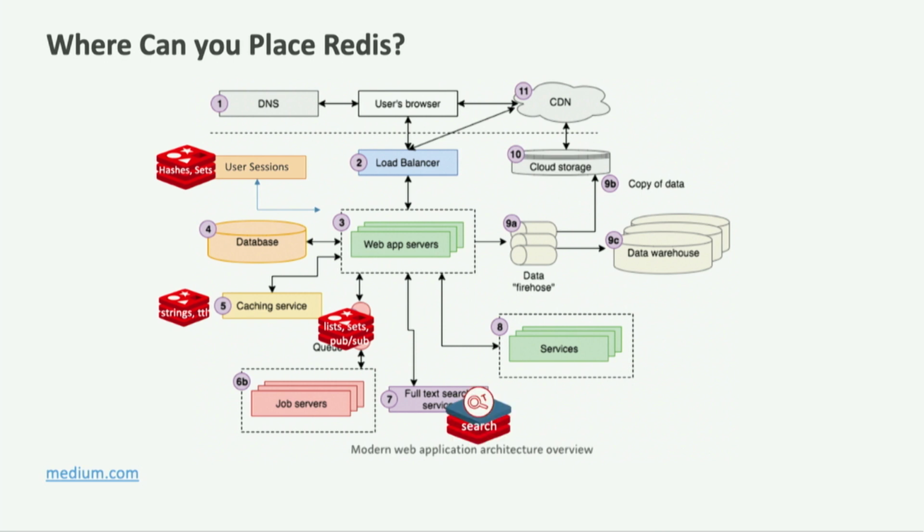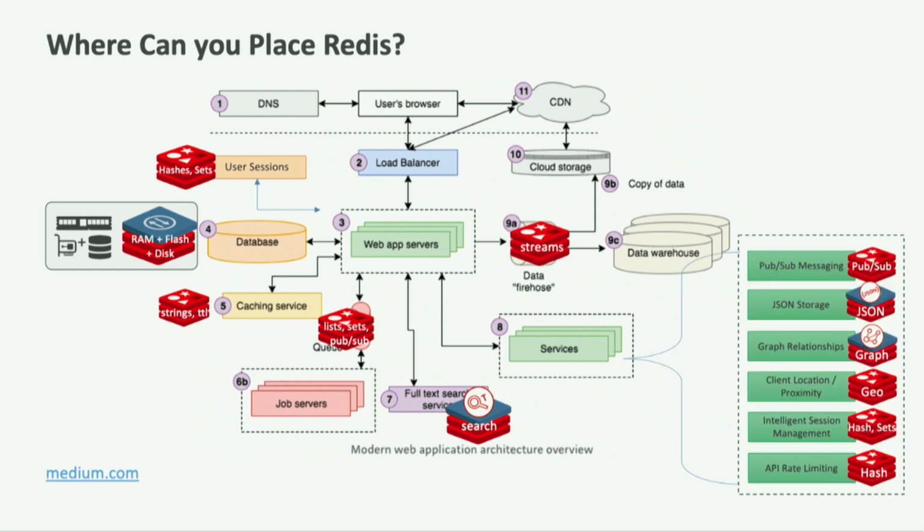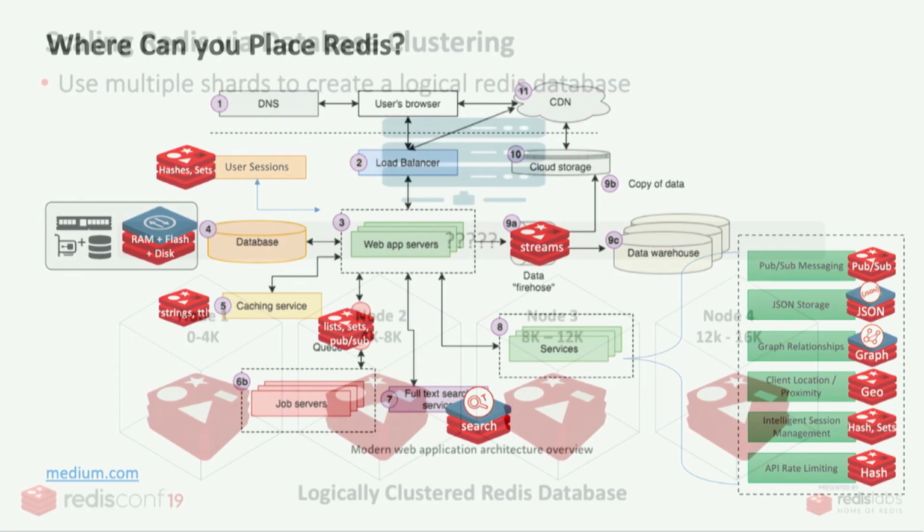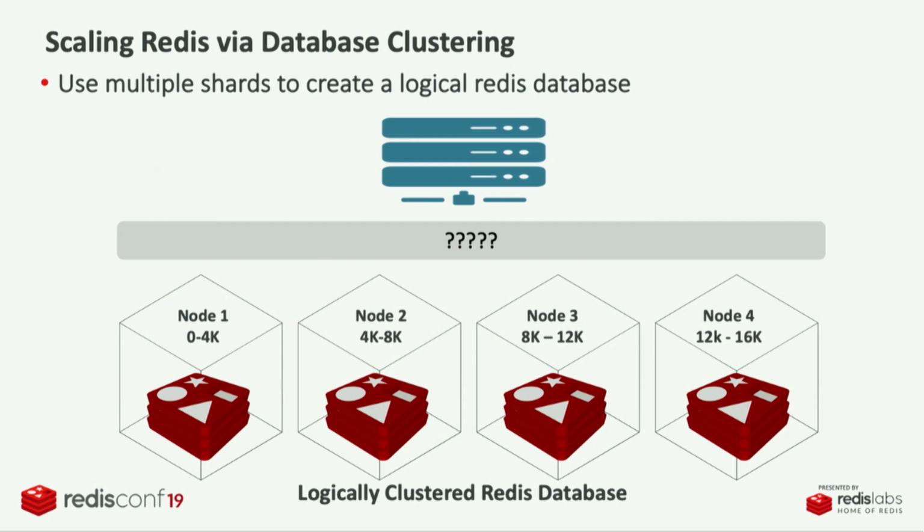You could use a search module, make it into a search engine, super fast. You could extend Redis into RAM with some of the Flash extensions from Redis Enterprise. And you could also do streams and pub/sub, JSON storage, numerous different things that you could do with the multi-property nature of Redis. Okay?